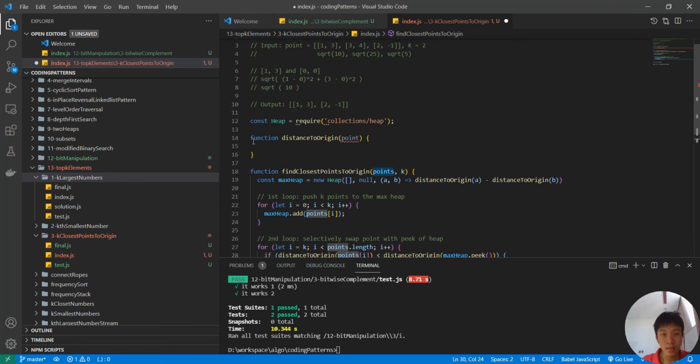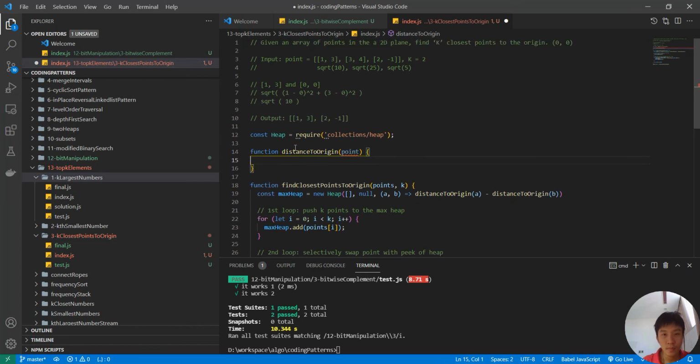The last thing to do is to implement this function, right?